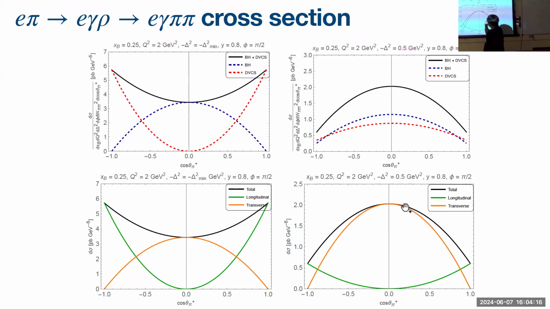In the case of the pi to 2 pi cross section, the DVCS contribution is more dominant than the Bethe-Heitler at low momentum transfer. The lower diagrams show the contributions from the longitudinal and transverse helicity of the intermediate rho meson state. At low values of t, the longitudinal helicity rho meson is more likely to be produced in the intermediate state.